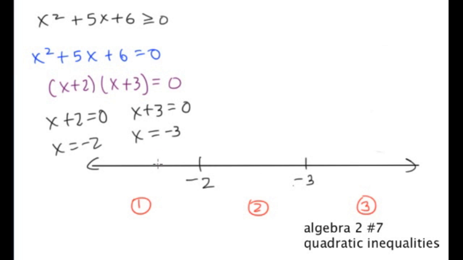We have to pick a number from each of these 3 sections and test whether it is part of the solution or not. But before we do that, we have to test negative 2 and negative 3 themselves in the original inequality so that we know if they're open circles or filled in.